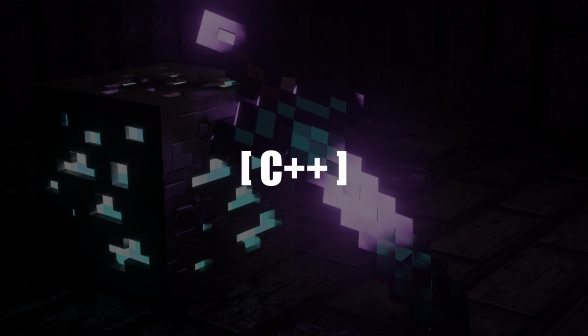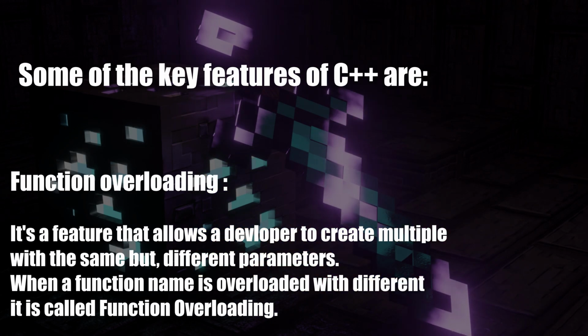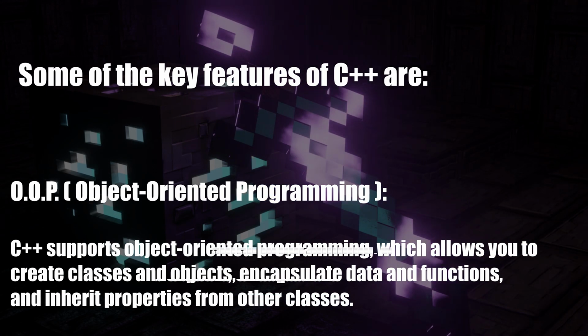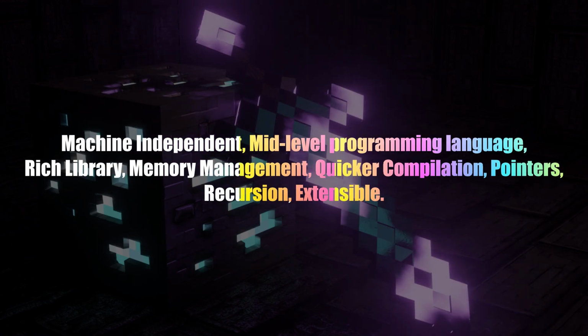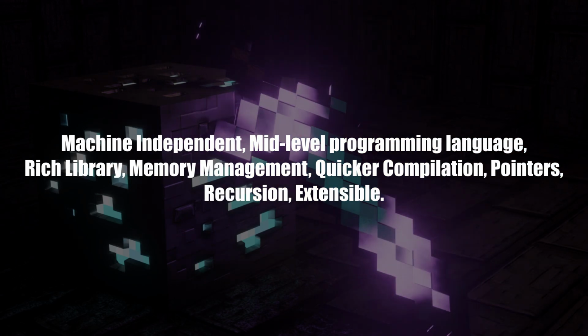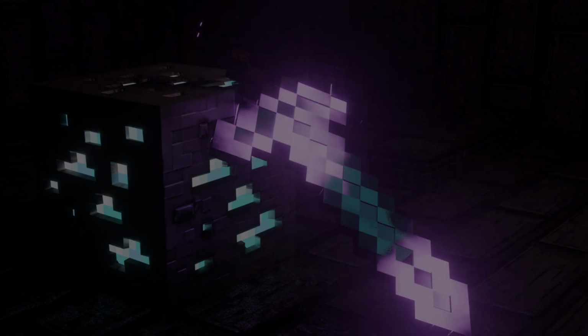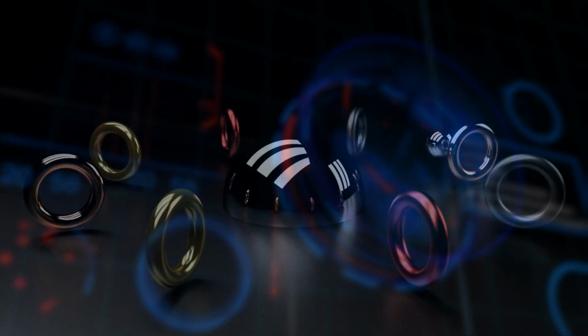And in C++ we got some awesome key features like function overloading, exception handling, and of course OOP, object oriented programming. There are so many other things too, but right now we are only talking about core features, okay? And with C++ we finally were able to create GUI and 3D graphics based applications.